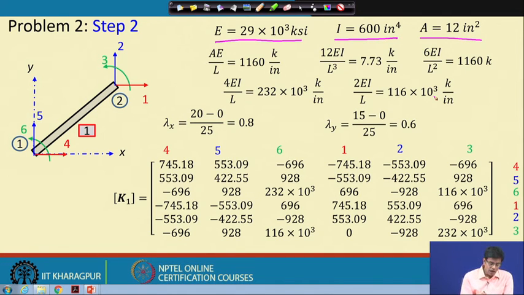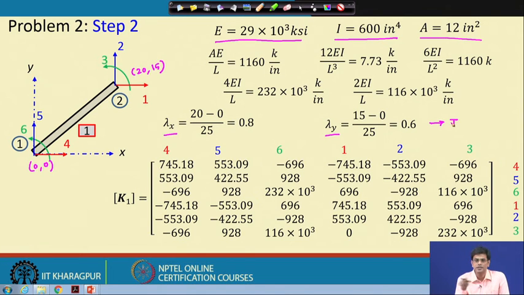With this we can find out these quantities. Now if you notice the coordinates of this member, 20, 15 is the coordinate for this node 2, and this is naturally 0, 0. So you can calculate lambda x, lambda y, which relate to the T matrix or the transformation matrix.